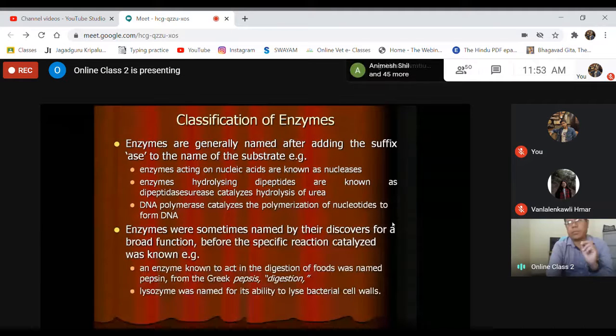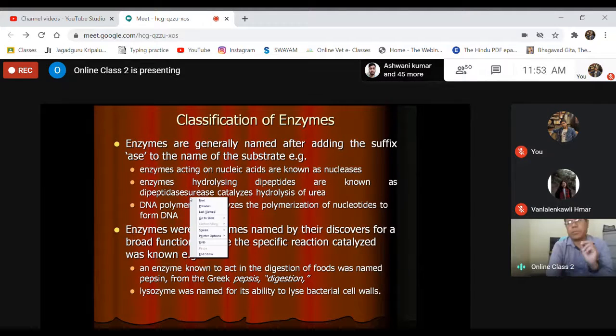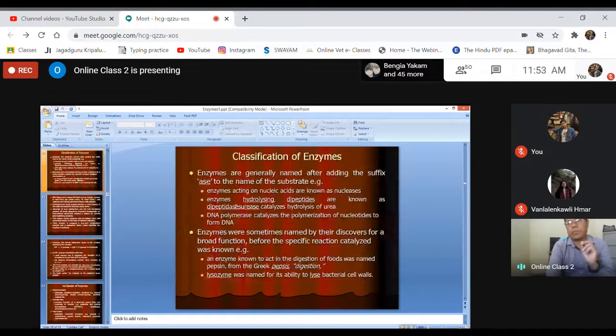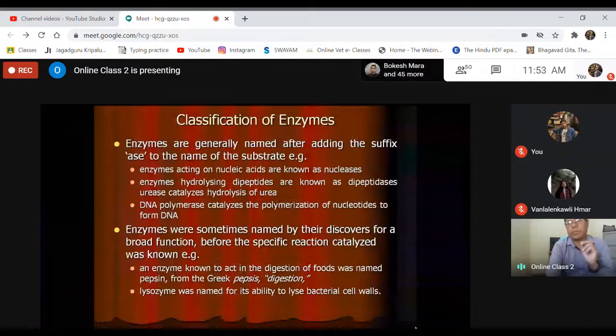Enzymes hydrolyzing dipeptides are known as dipeptidases. Then ureases catalyze the hydrolysis of urea.